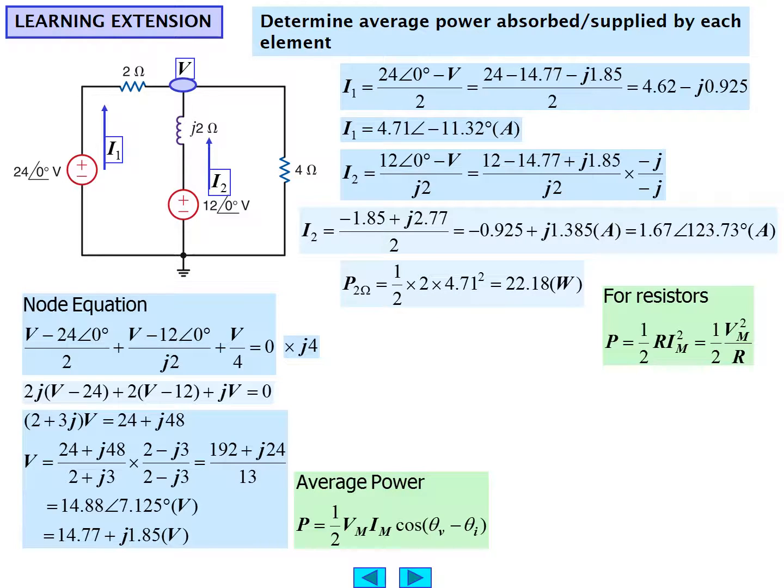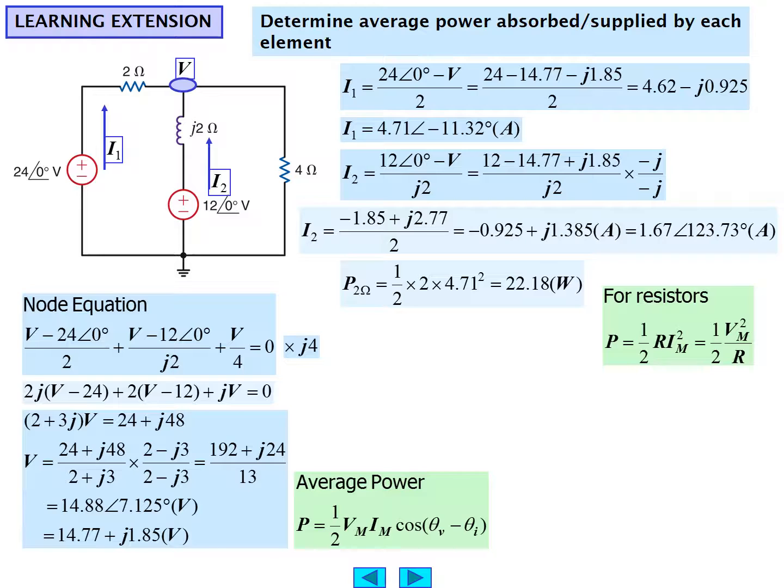The power in the 2 ohm resistor can be calculated. We know the voltage across it, and we also know the current through it, so it's your choice which numbers you use for the calculation. Let's use the current: 1/2 times the resistor times the current squared.